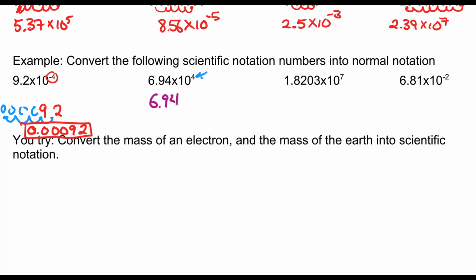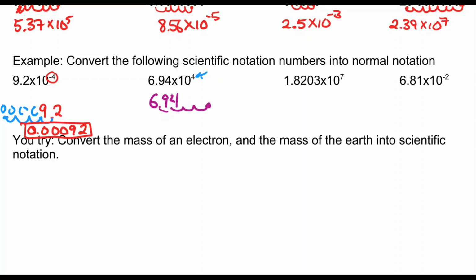6.94, and we're going to move the decimal either to the left or to the right. Let's think about this. If I move it to the left, that's making the number smaller. It'd be 0.0 something 694. That's not good. We don't want a number smaller than 1. We want it to be greater than 1. So let's move it to the right. 1, 2, 3, 4.